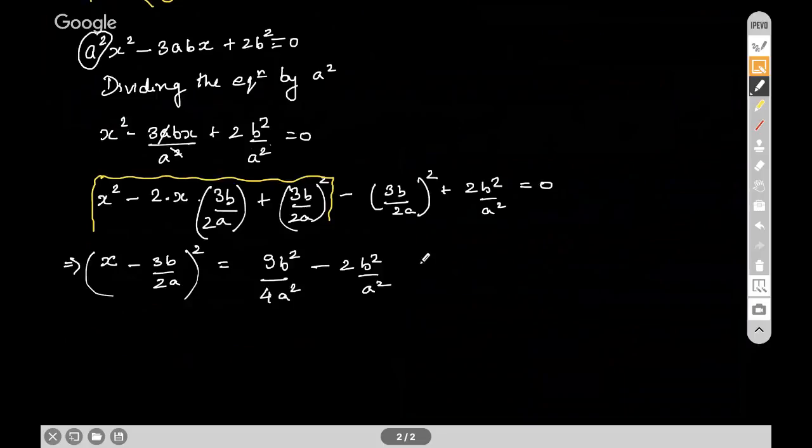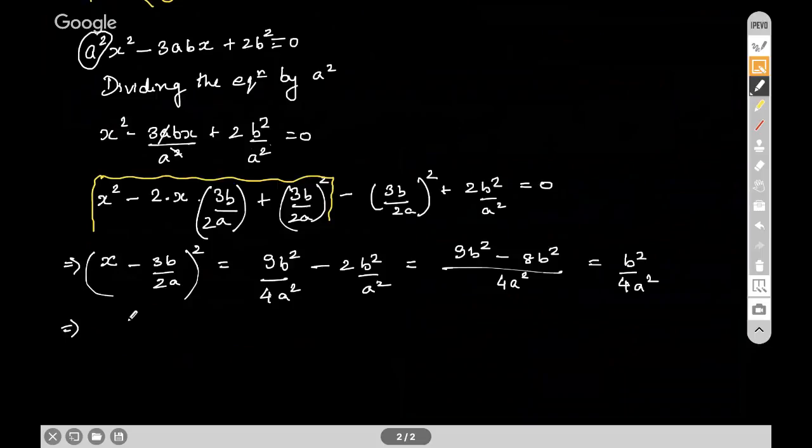So 9b square by 4a square minus 2b square by a square. Simplify this. 4a square is the LCM, so it is 9b square minus 8b square, which is b square by 4a square.